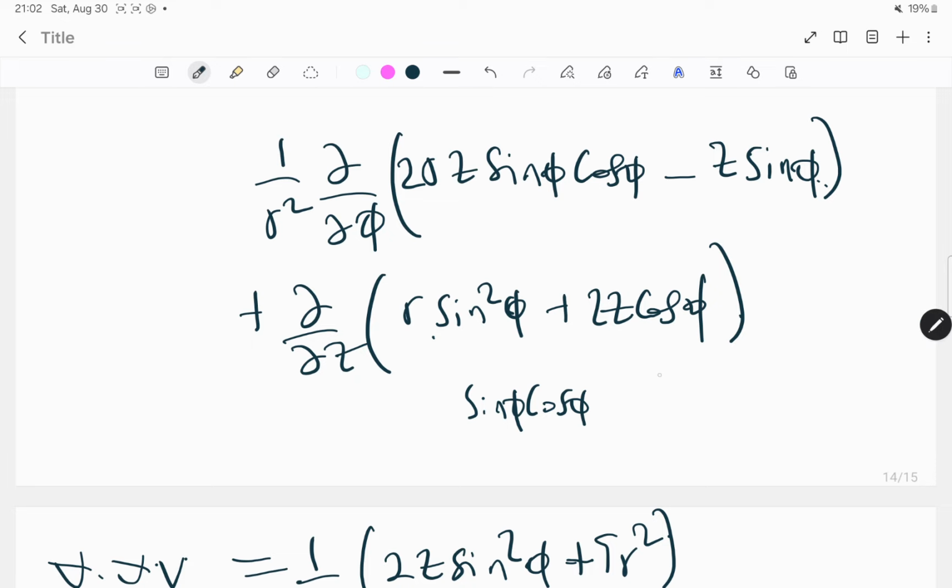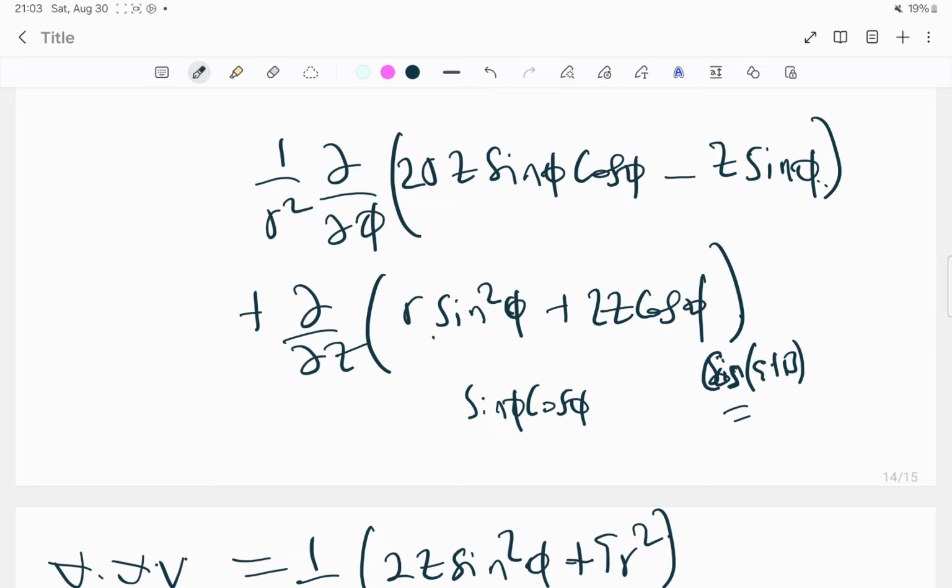Sine phi cos phi, we know that if I have cos A plus cos B, it is going to be equal to something. So one way we go about doing this part is to simplify sine phi cos phi.